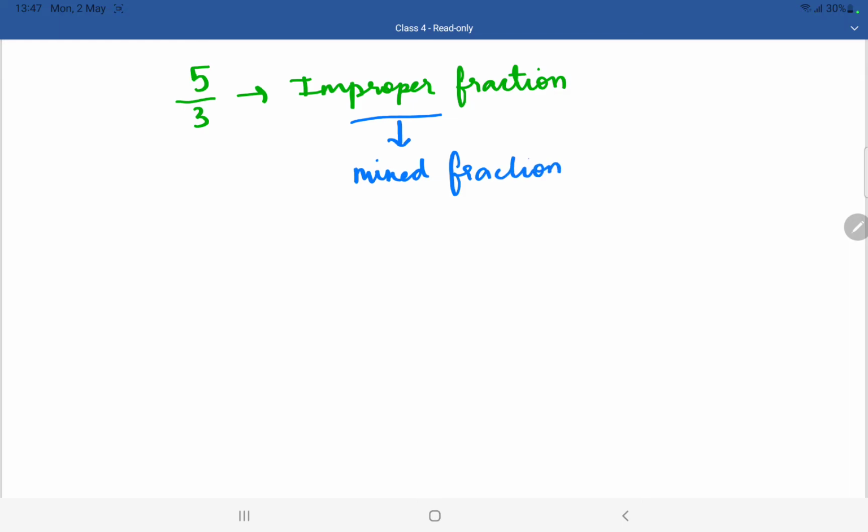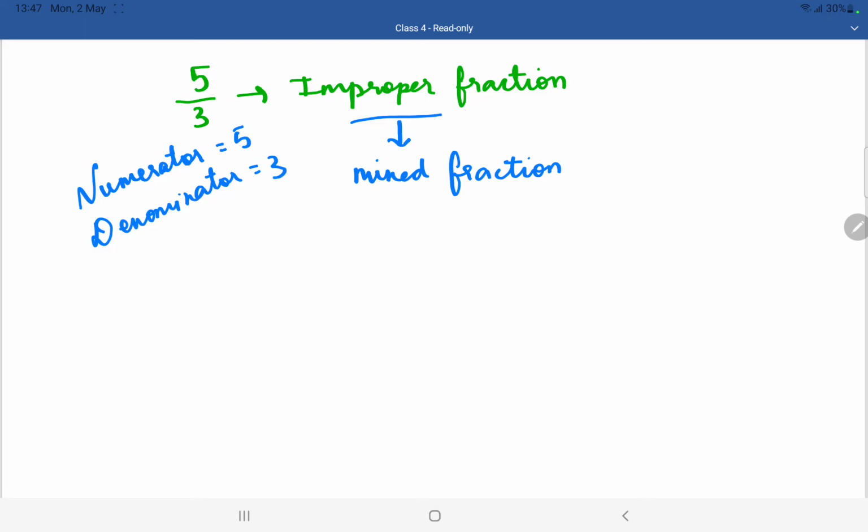First of all, I have a fraction where I have 5 as the numerator and 3 as the denominator, right? So numerator is equal to 5, denominator is equal to 3.